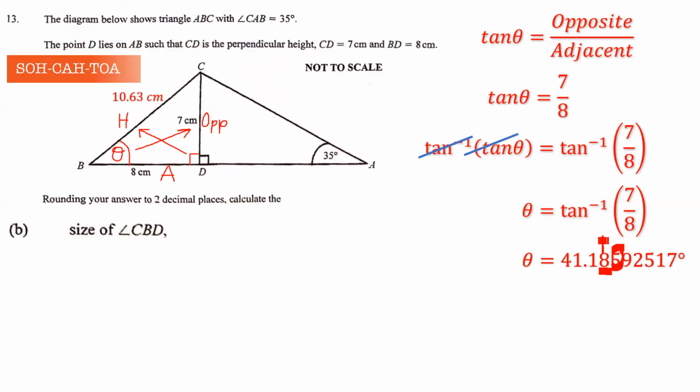So we're going to add 1 to the 8, and so it's going to be 41.19 because we add 1 to the 8. And so theta, or angle B, or angle CBD is going to be equal to 41.19 degrees. Again, 41.19 degrees.